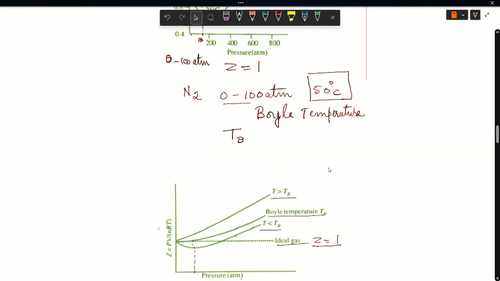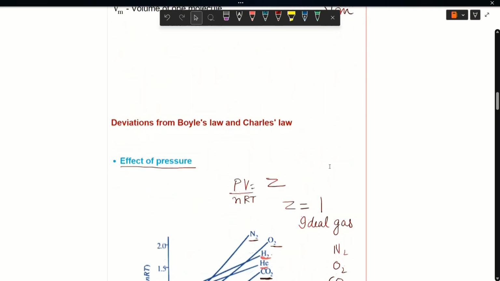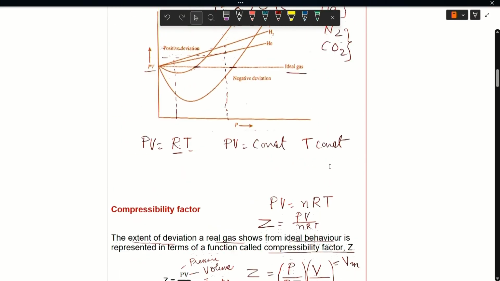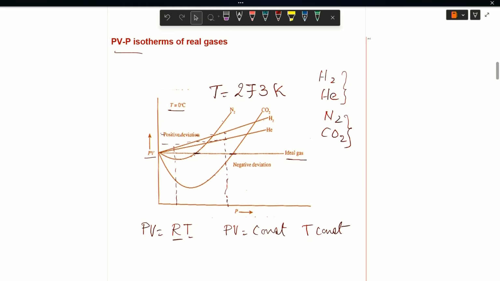From here we can deduce why we have been seeing these PV plots for hydrogen and helium keep on increasing, while for nitrogen and carbon dioxide you saw a dip. This is because in these cases their Boyle temperatures are in this range and therefore they show a dip.